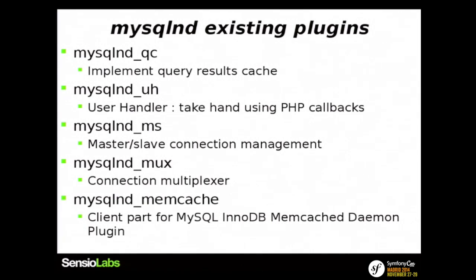Everything happens on the PHP side, on the client side, and you don't need things like MySQL proxy. This is very interesting to do, particularly the master-slave connection management. We usually use such complex stacks to do this. You can do this in PHP very, very transparently.